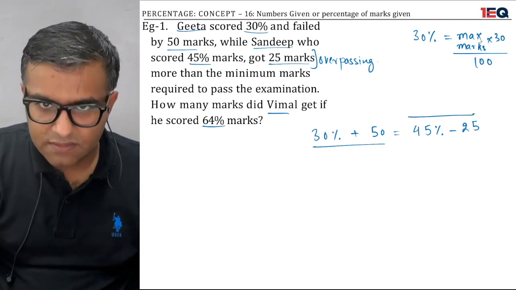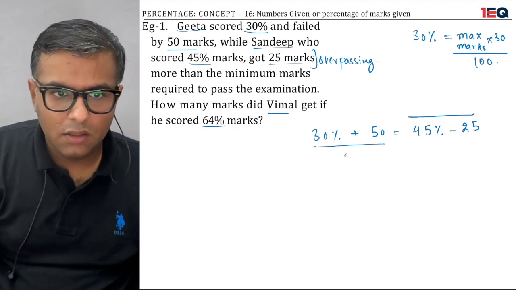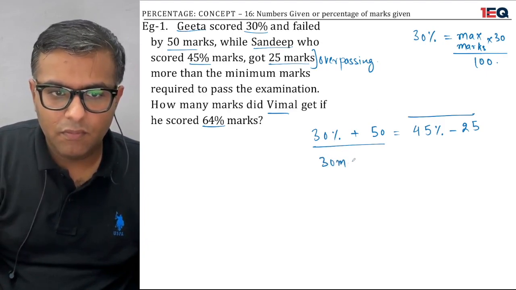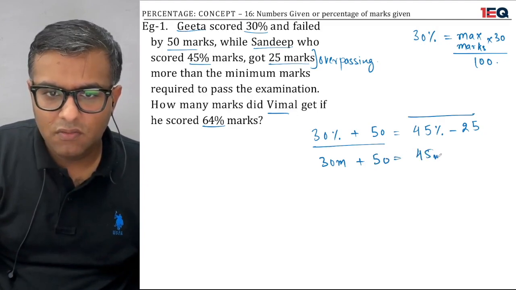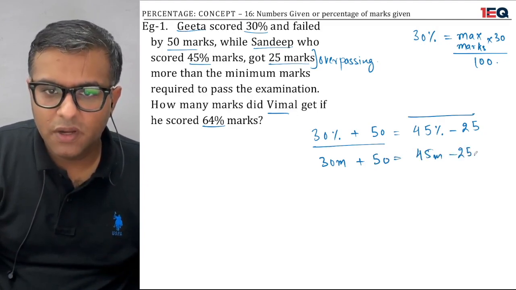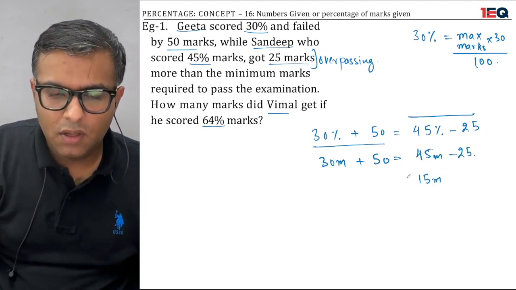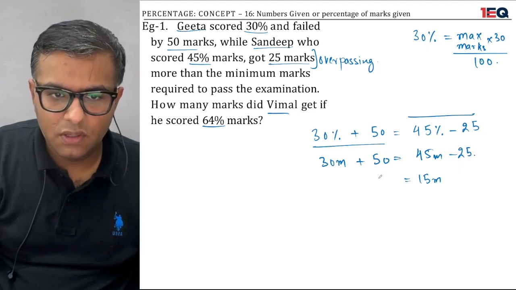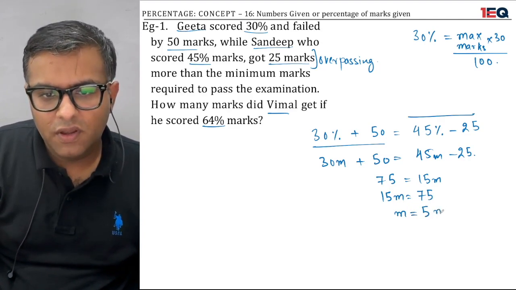So 30m plus 50 can be equated with 45m minus 25. 30m can go here, it becomes 15m, and 25 can go here and it becomes 75 marks. So 15m is equal to 75 and the value of m is equal to 5 marks.